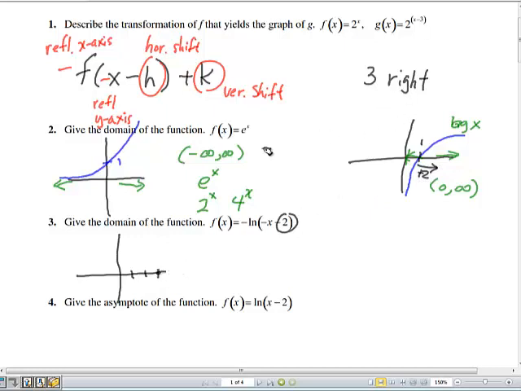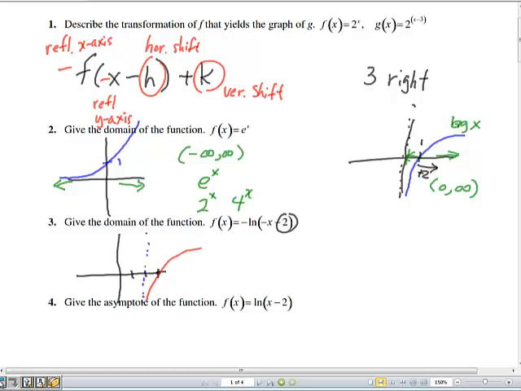And there was a vertical asymptote on this one on the y-axis, and we shift that vertical asymptote 2 to the right. We should get asymptote here, and the graph will actually look like this.